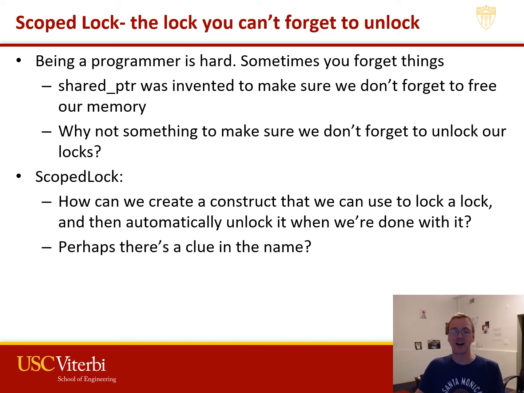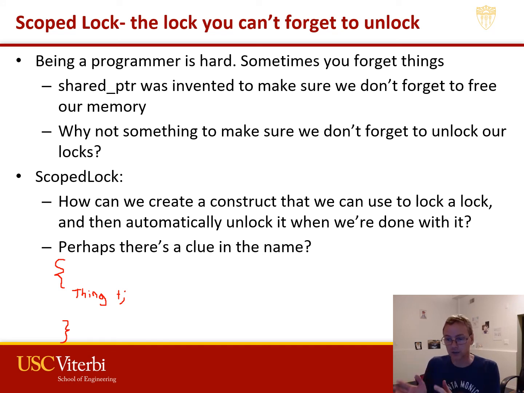How do we pull that off? Maybe there's a clue in the name. Now remember, in C++, we create a scope with curly braces, right? And if we create a variable inside here, let's make it a variable of type Thing, called t, semicolon. I just constructed a thing on the stack, right?